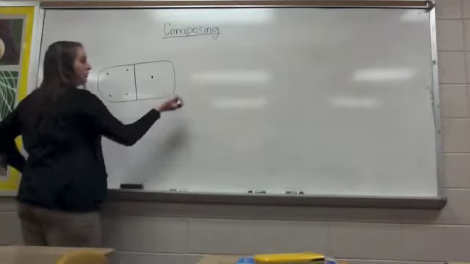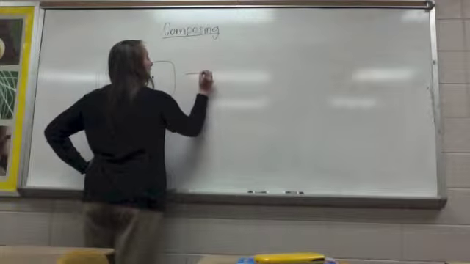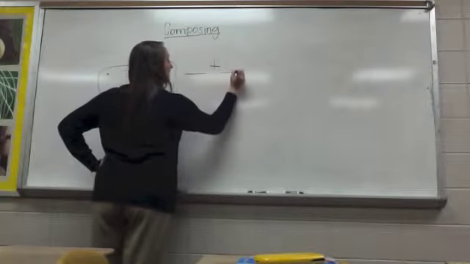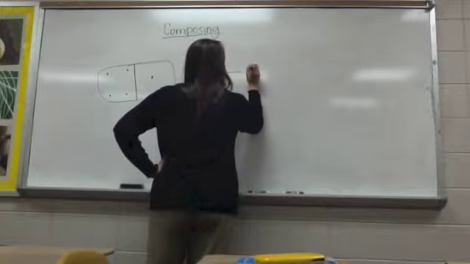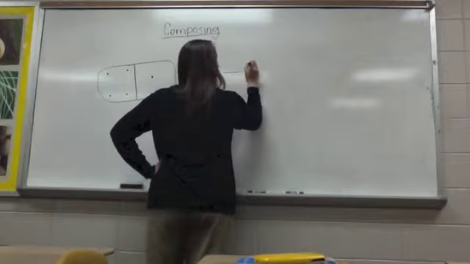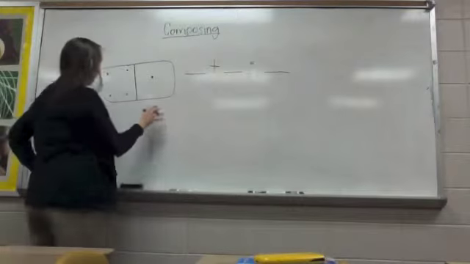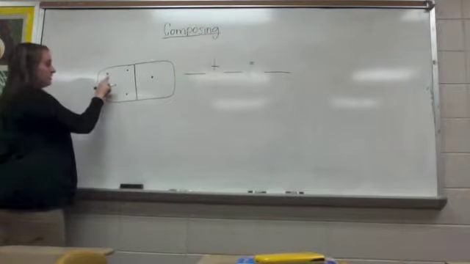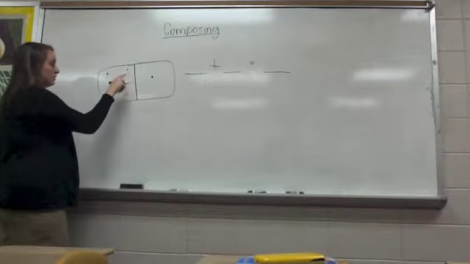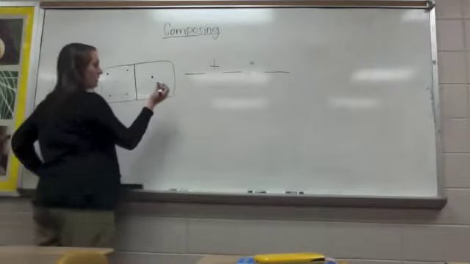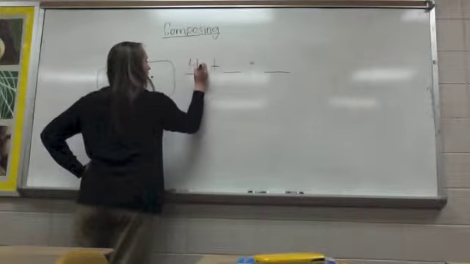And we're going to make our equation because we have blank plus blank equals big old blank, right? So how many are in this one? 1, 2, 3, 4. 4. So we have 4 dots.